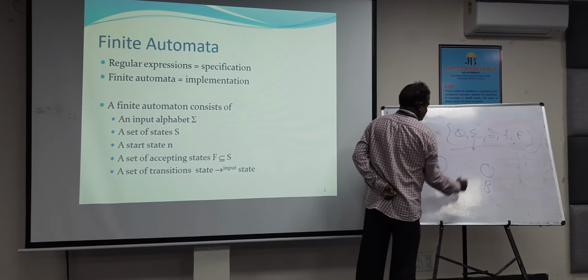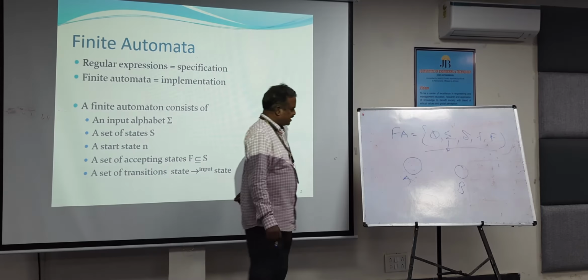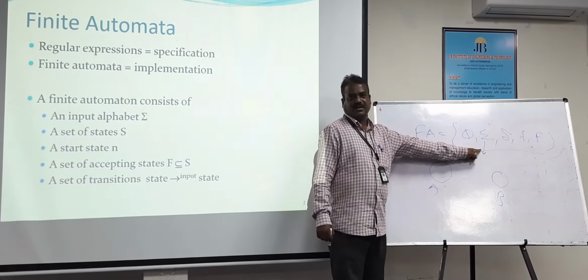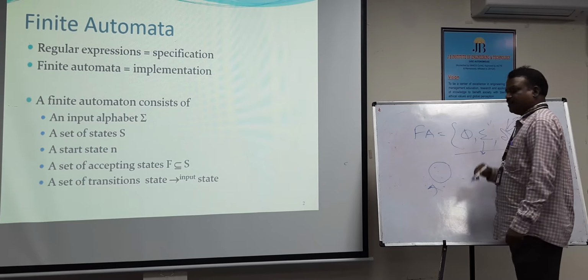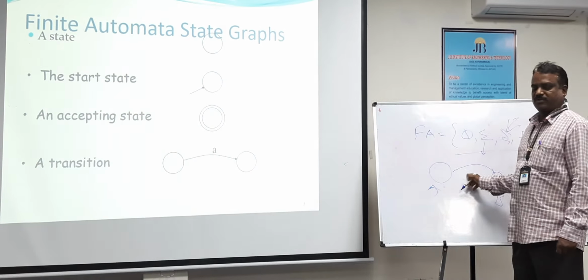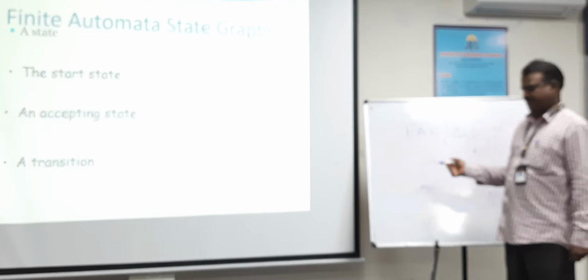And sigma we call the input. Whatever input we are giving to these states, we will denote with sigma. And this transition we call delta. Transition moves from one state to another state with some input. We may call it 0 or 1 or some alphabets, whatever it may be.